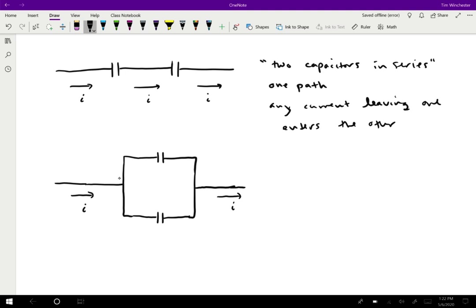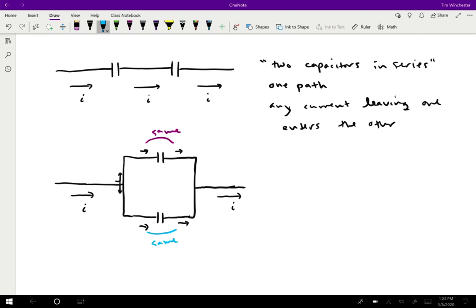But when the path splits here, what we find is that, in fact, the current will also split. So we'll have some smaller current here and some smaller current here. And before and after each of these, it will be the same. Okay, so these two have to be the same as each other. And these two have to be the same as each other.